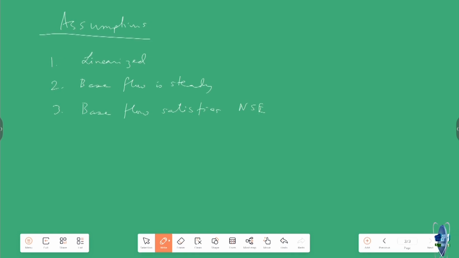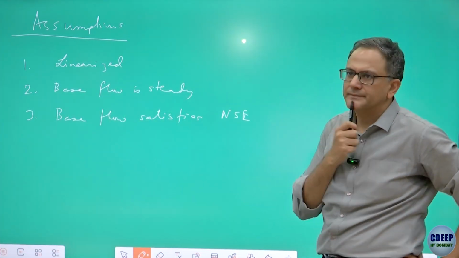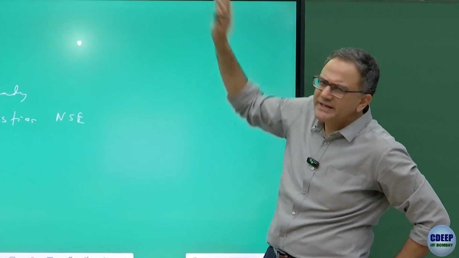No, it could be unsteady also. You can have an unsteady solution to the Navier-Stokes equation, and that might be chosen as the base flow. Here we are not doing that. Anything else? Nothing, right? So we kept this very general.